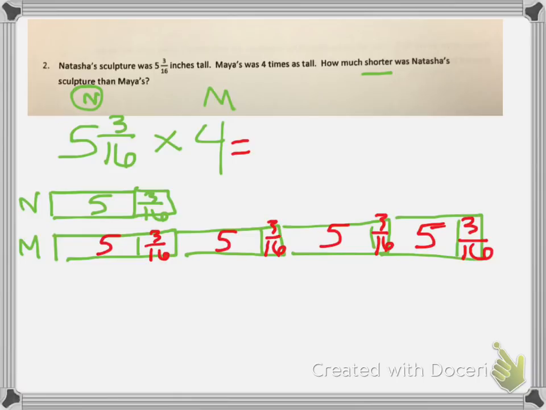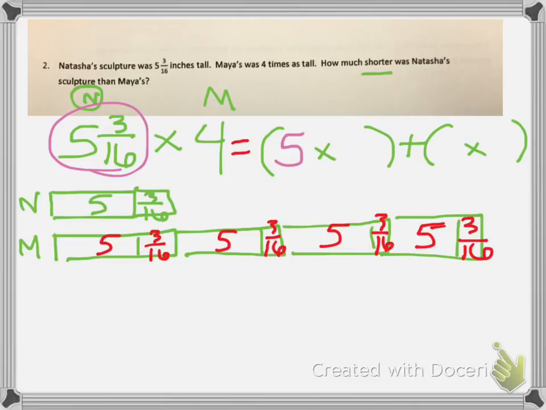Okay, remember we're going to do our 2 parentheses, because we're going to distribute that 4. We have to multiply it times each. So there's going to be a multiplication sign in each. Okay, we're going to split up this mixed number. 5 is going to go in one parenthesis, and then the fraction, 3/16, is going to go in the other.